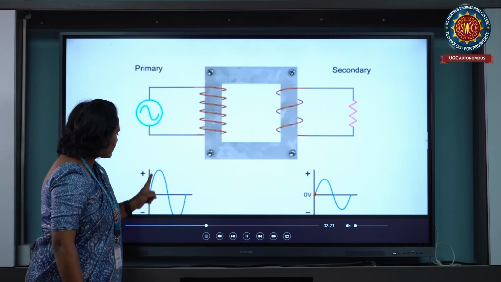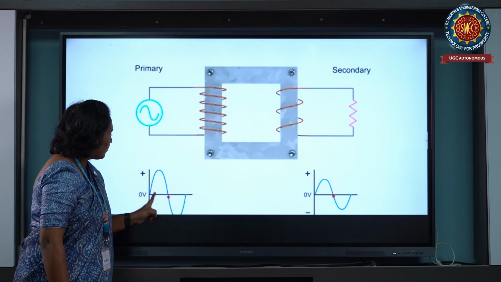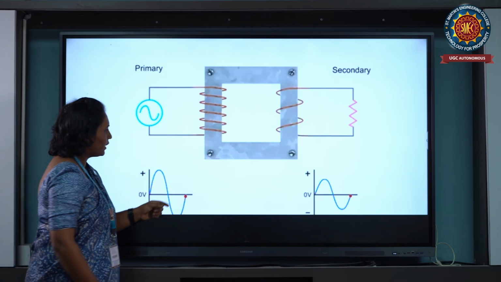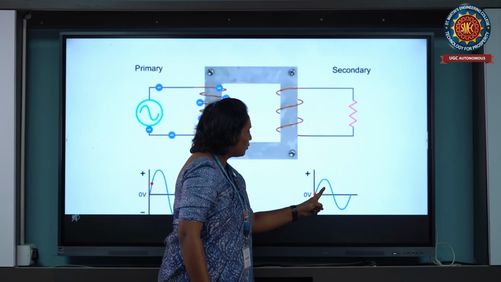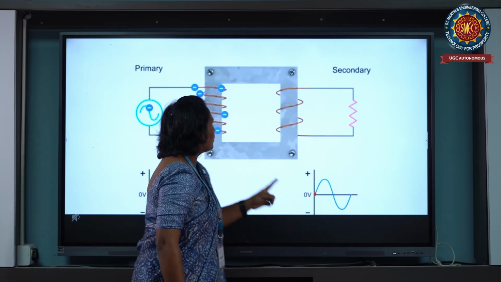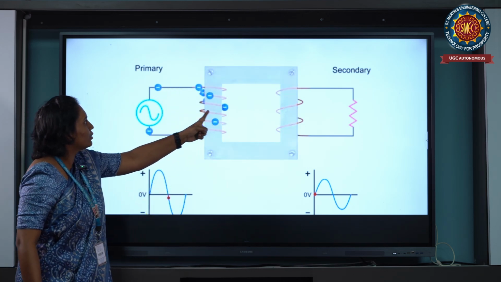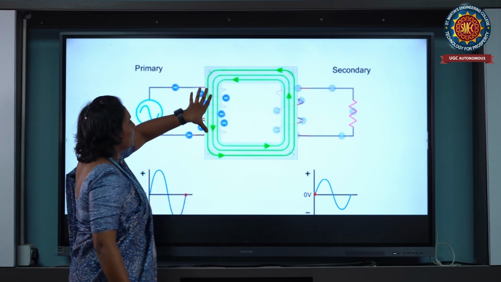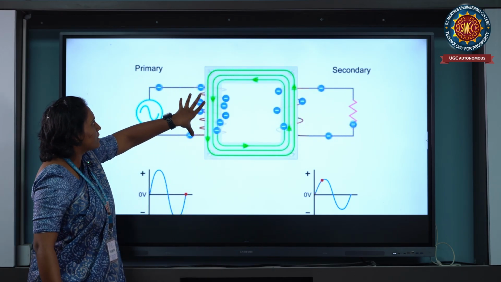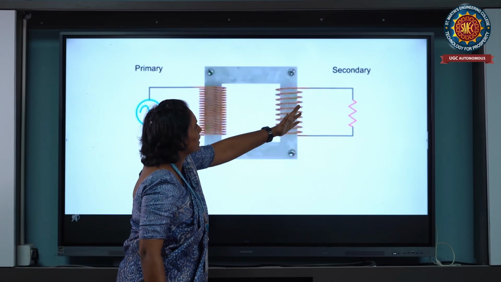The sinusoidal waveform on the primary goes from positive to negative, and on the secondary side also from 0 volts to positive maximum to negative. This is how current passes through the primary side. Flux is produced in the primary side due to this current, and this same flux links with the secondary side.